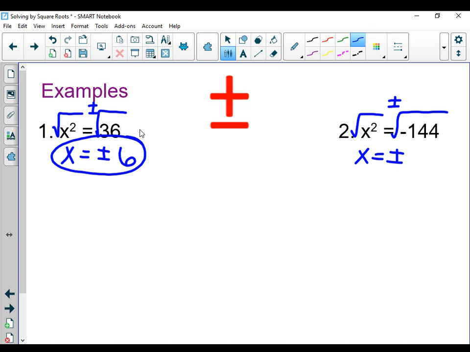So from yesterday, we know that the negative underneath the radical means i. Notice how on all three of the problems we have done so far, x squared is already by itself. Don't get square root happy and start square rooting everything. You can only do that when x squared is by itself. Any questions on those?